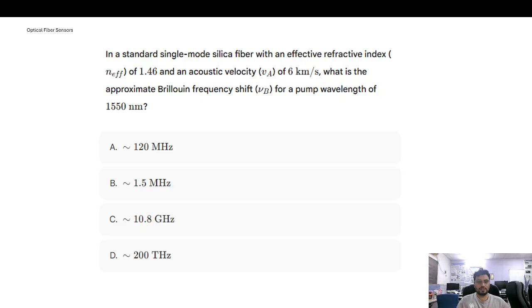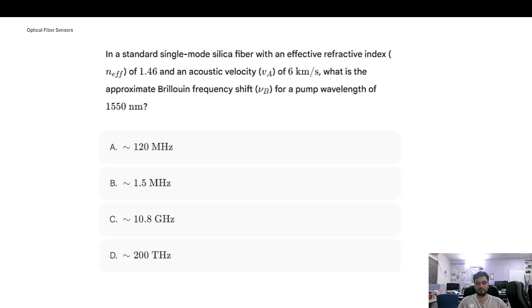Next question. In a standard single mode silica fiber with an effective refractive index of 1.46 and an acoustic velocity nu a of 6 km per second, what is the approximate Brillouin frequency shift nu b for a pump wavelength of 1550 nanometer?